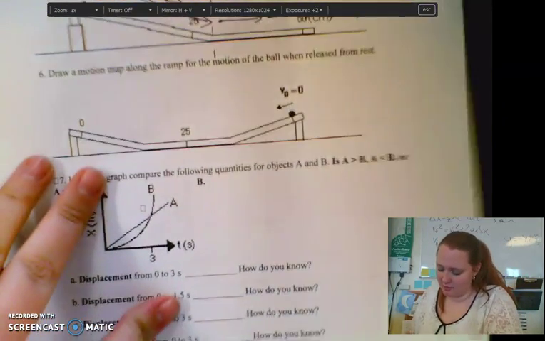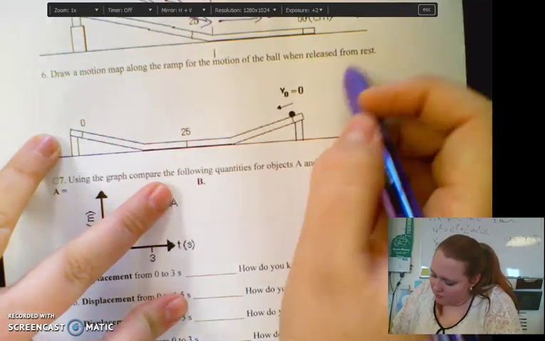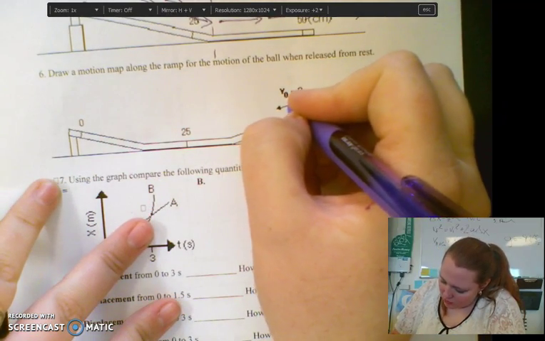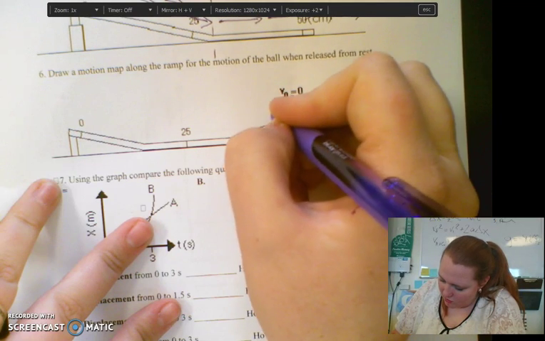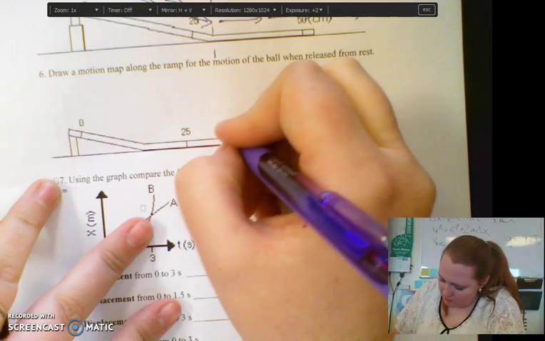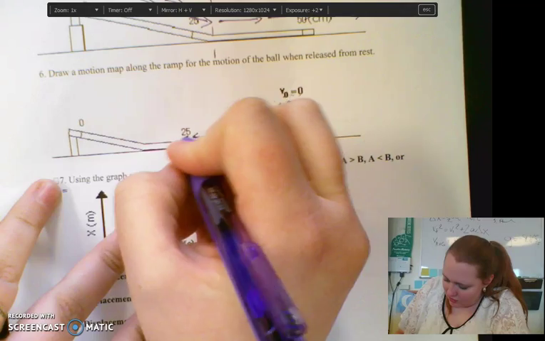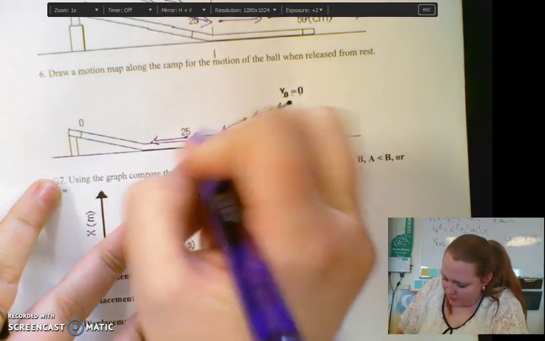Now let's look at number 6. Here we're starting on this side, and it says V0 equals 0. That means we're starting from rest. So my arrows are going to get larger. And then here, there's no acceleration, so we're going to keep that same speed.